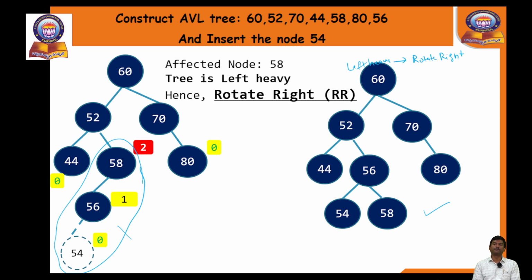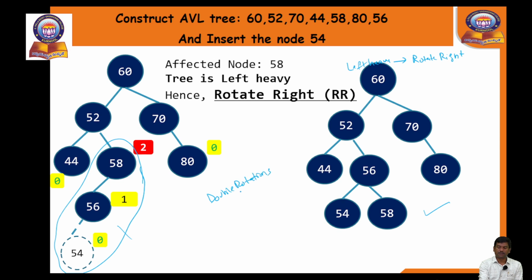And when considering the double rotations, in which scenario is the double rotation involved? When the tree is left heavy and within which right is heavy.